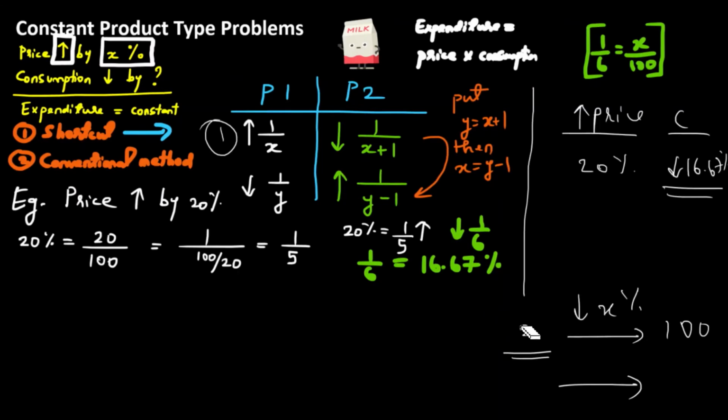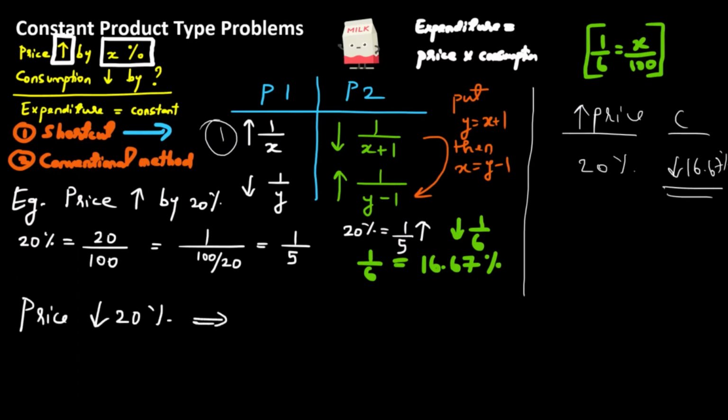Now let's get back. We have seen the case where the price increased, and I've also mentioned that it's the same as decrease, but just for thorough understanding, let's take an example where the price dropped by 20%. So then that means that you can increase the consumption, right? Now let's use this method over here first. So 20%, we have seen that it's 1 by 5.